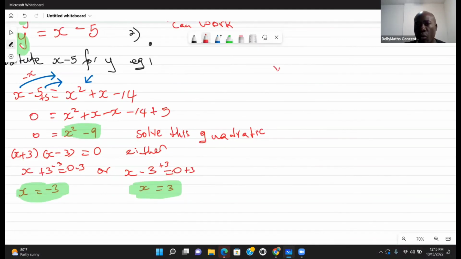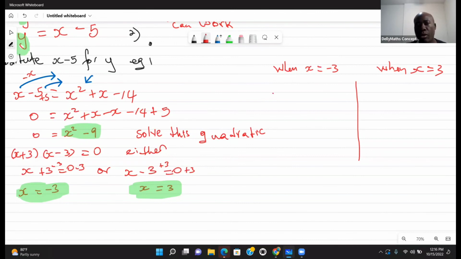At this time, we could say when x equals -3, and then we want to look at a case also when x equals +3. So when x is equal to -3, let us use the simplest case.